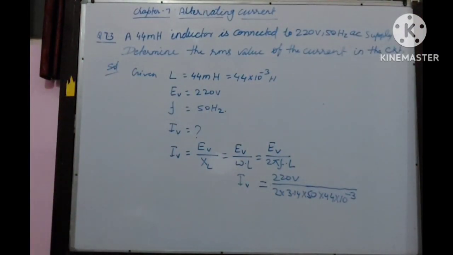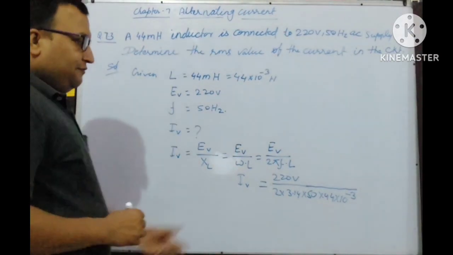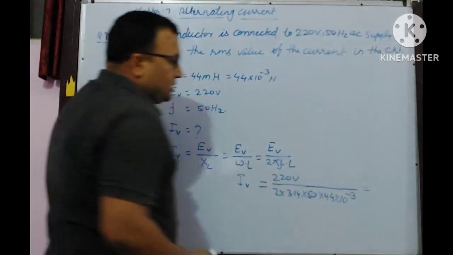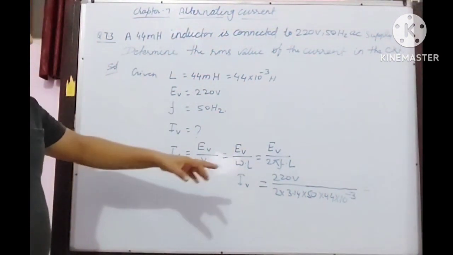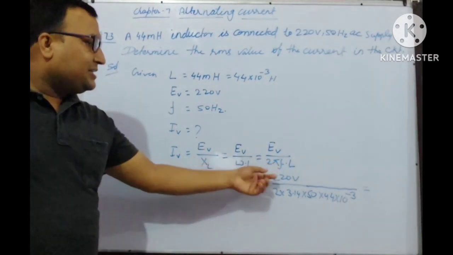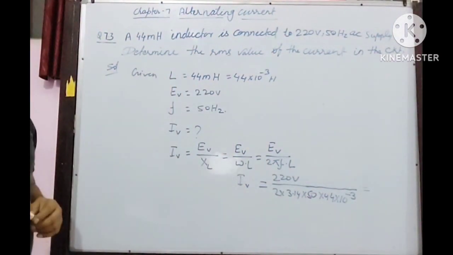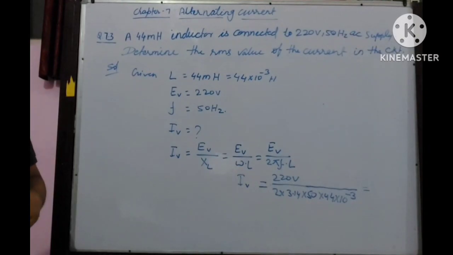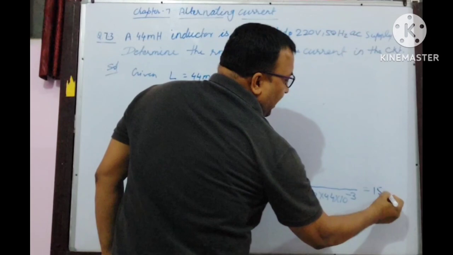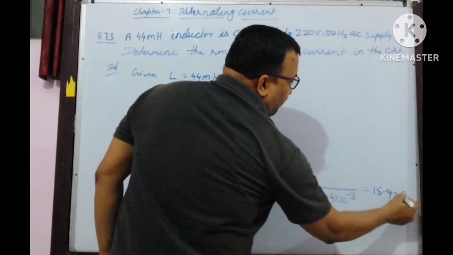If you solve this one, you will get some result. I am writing it directly. See, very simple thing: 220 volt is there, and whatever the formula is, I just put in the values, and once you put in the values, you will get the result. That is 15.92 ampere.